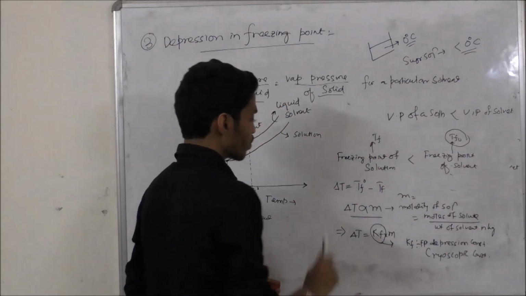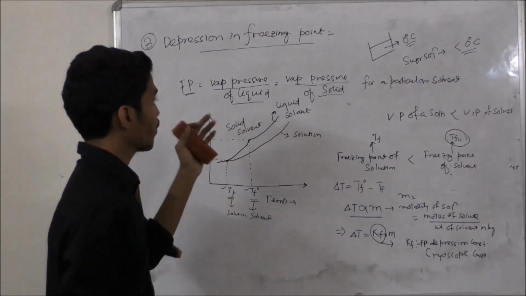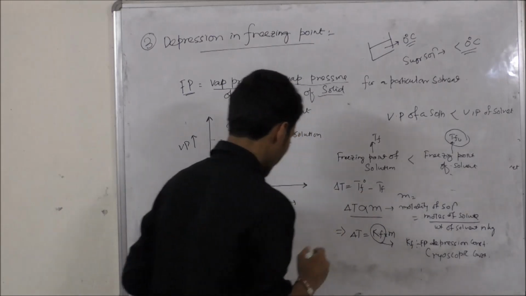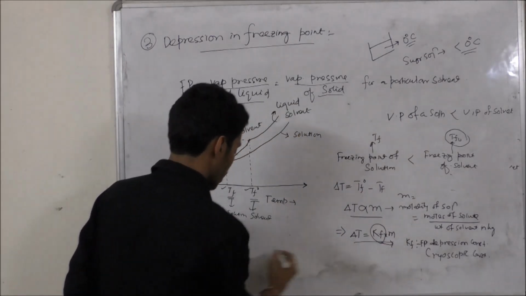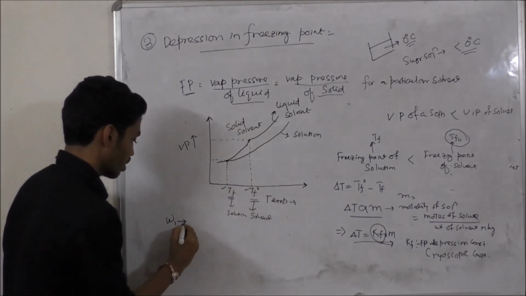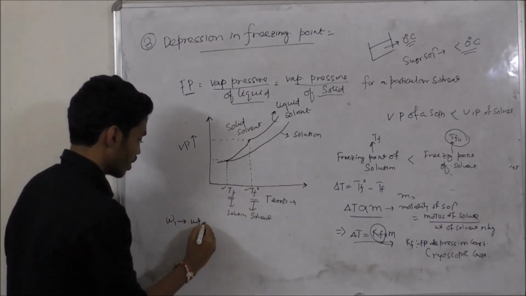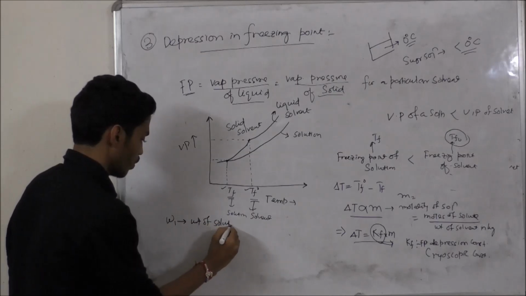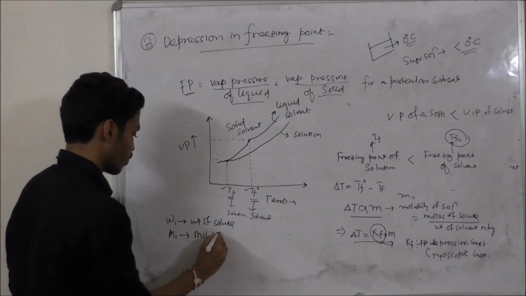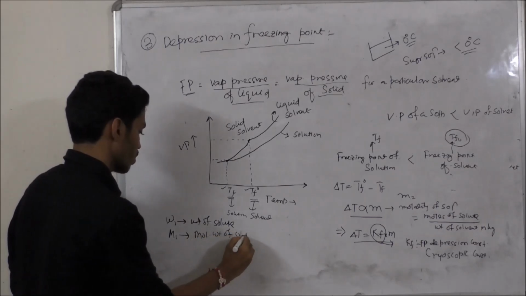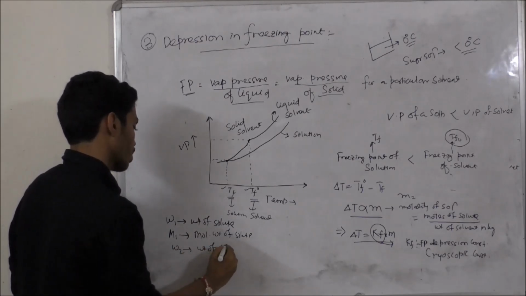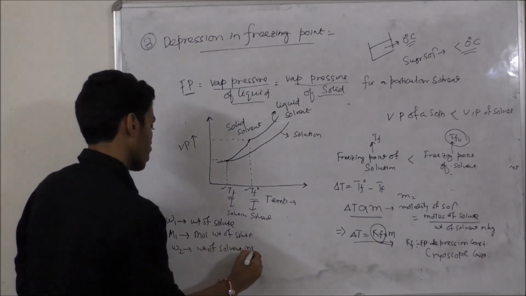So, using this formula, you can solve freezing point type questions. But if we elaborate it again, suppose W1 is the weight of solute, M1 is the molecular weight of solute, and W2 is the weight of solvent in gram.